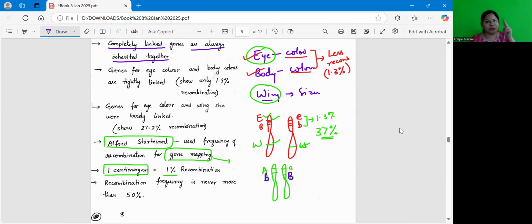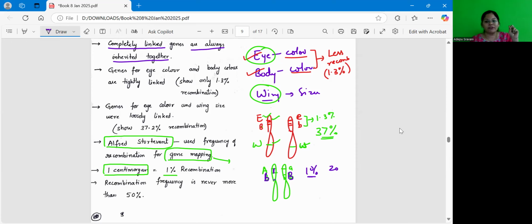So if the frequency of exchange of genetic material, that is recombination, is 1%, then based on that 1% recombination frequency, we can say that the distance between them is 1 centimorgan. Clear? Similarly, if the recombination frequency is 2%, okay, 2% out of 100 times, if only 2 times they are undergoing exchange, then the distance will be 2 centimorgans.